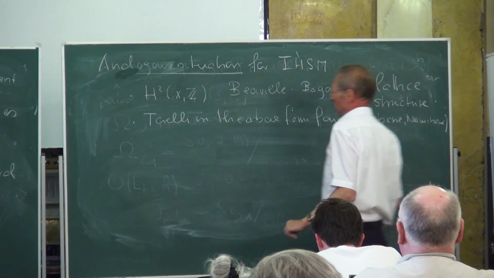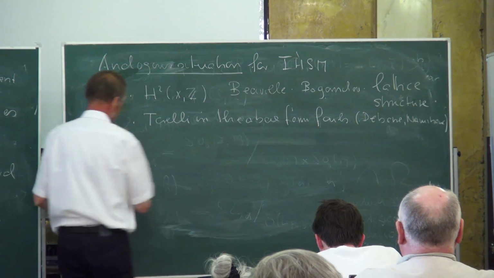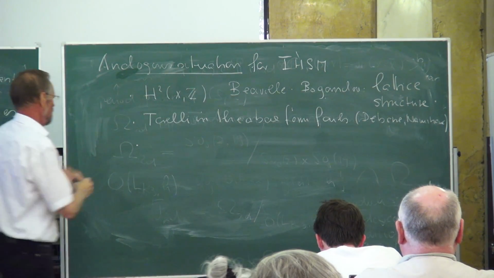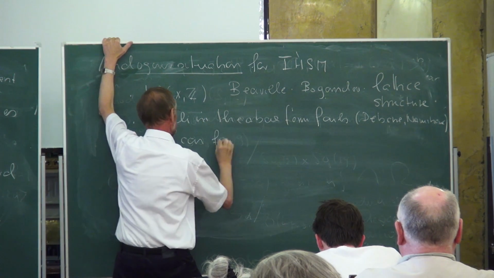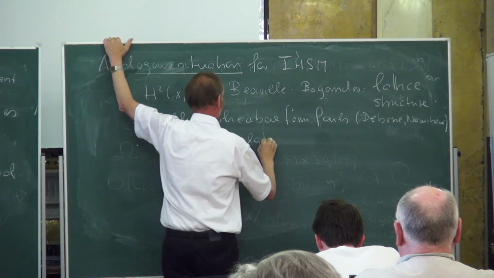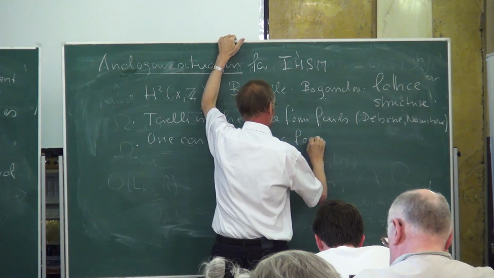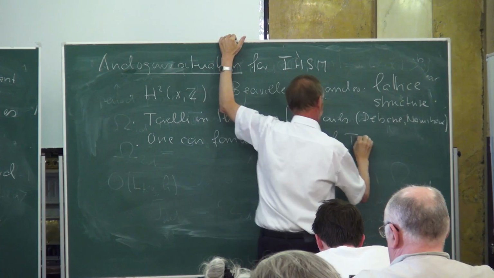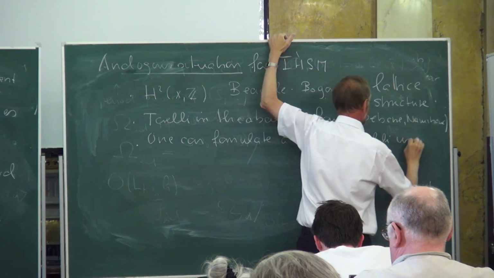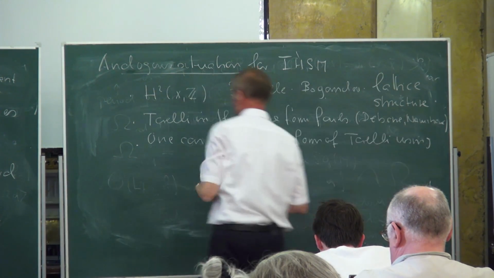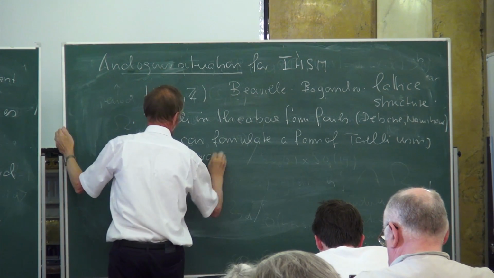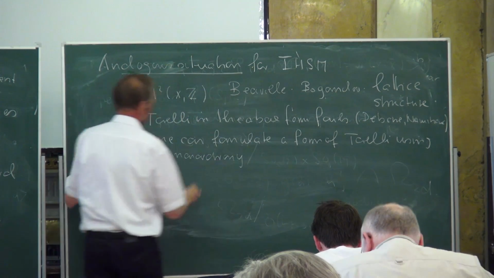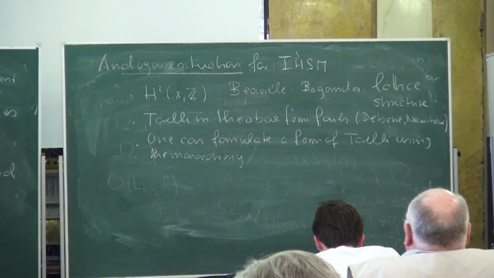However, as Misha Verbitsky proved, one can formulate a form of Torelli using the monodromy group. So I look at families of these IHSMs, and then I take them and say punctured family.